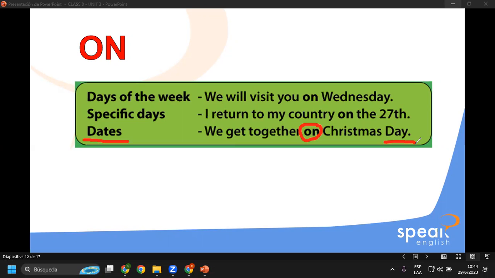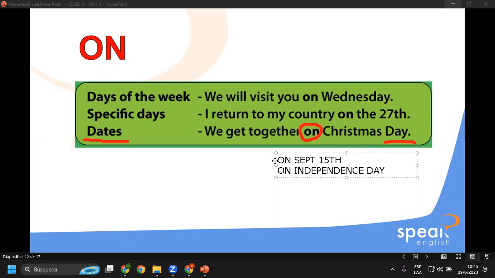Exactly. When we are talking about dates, for example, when do we celebrate Independence Day? On September 15. Ah, so you have two options. We can say on September 15th, or you can say on Independence Day.